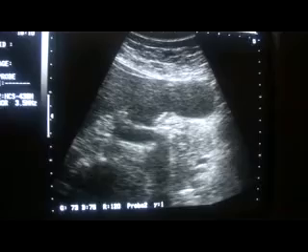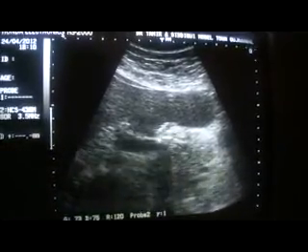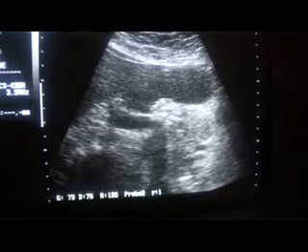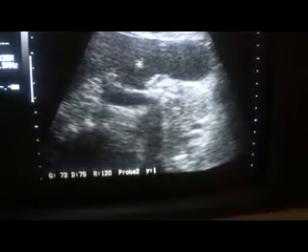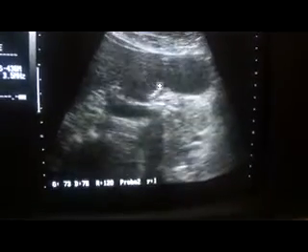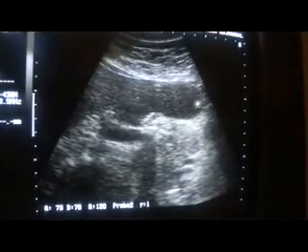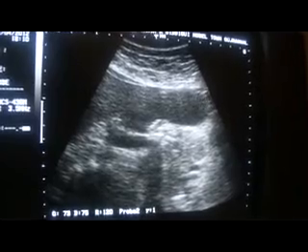You can again see the calculi in the form of a trail with the posterior wall of the gallbladder near its lower segment. Now this is the gallbladder, wall normal, wall is not thick, it has clear lumen.